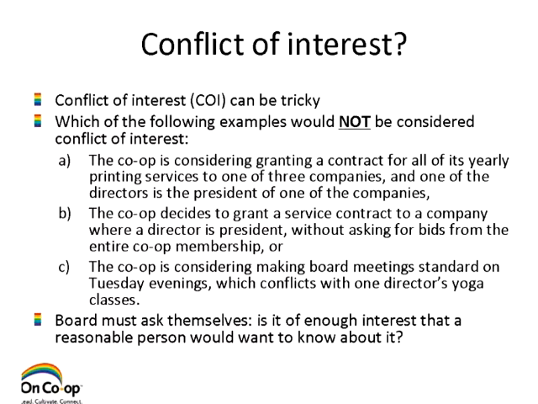It doesn't mean that you're not capable of keeping two sets of interests in your mind, but there is the perception that your personal interest could cloud or impact your ability to make positive decisions on behalf of the cooperative. And so how do you deal with conflict of interest?